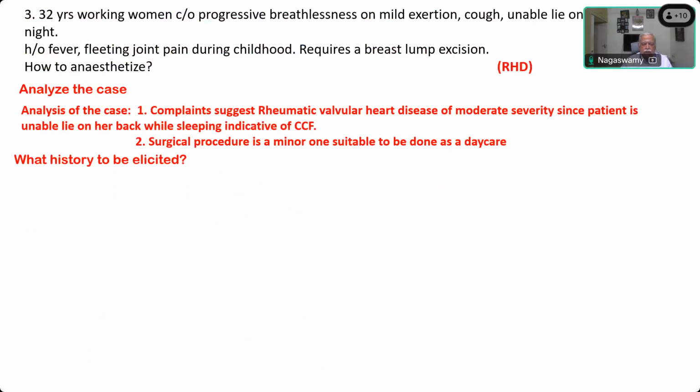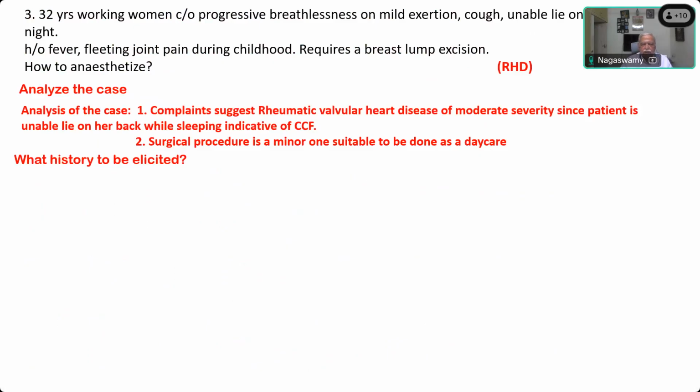First of all, won't you like to find out whether she already knew that she had rheumatic heart disease or rheumatic fever? Because she is a 32-year-old woman, she can give you all the details. So you can inquire about the fleeting joint pain, at what age it occurred, whether it was preceded by a throat pain.